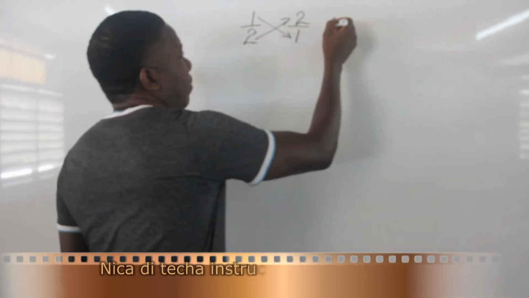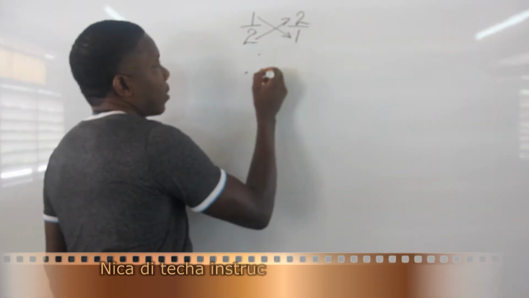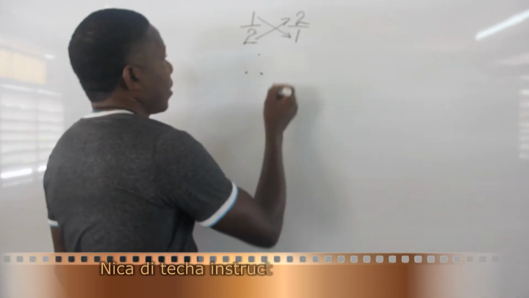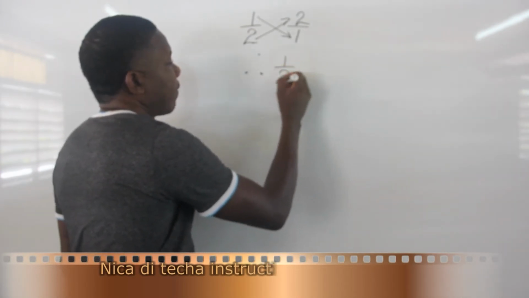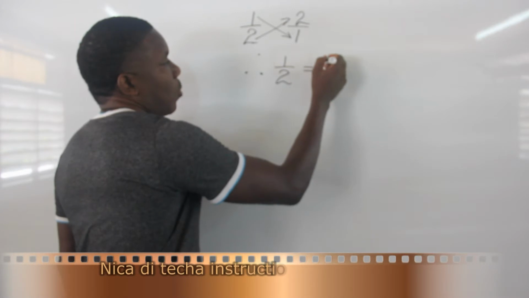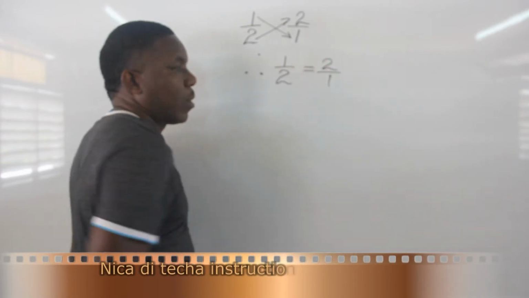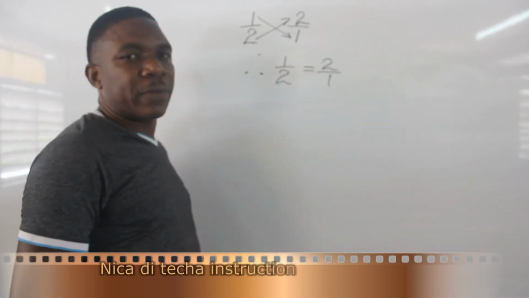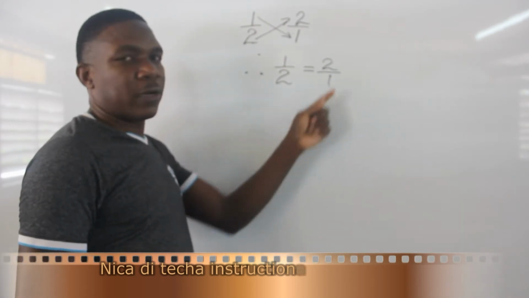So therefore 1/2 reciprocated becomes 2 upon 1. And so we'll find our reciprocal, as you can see here.